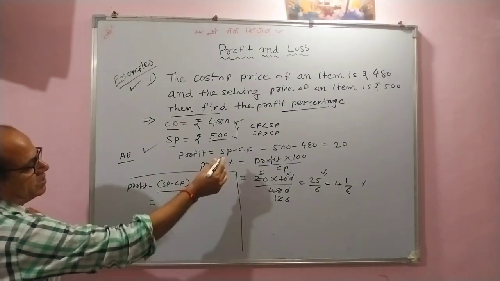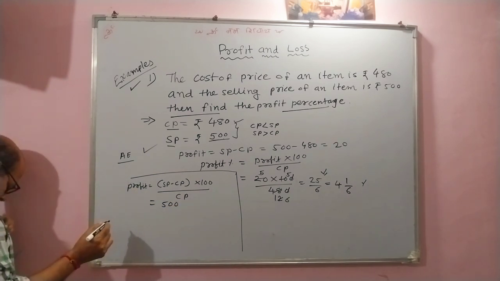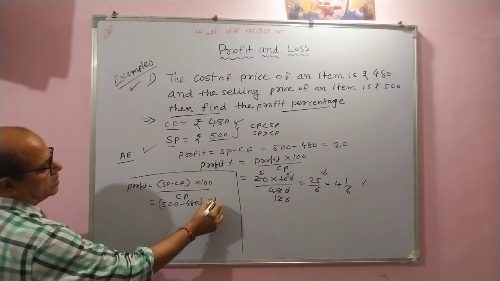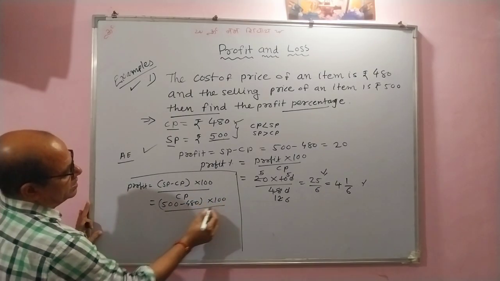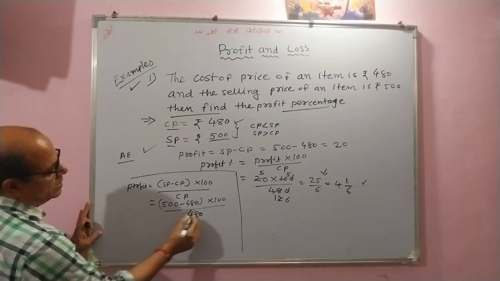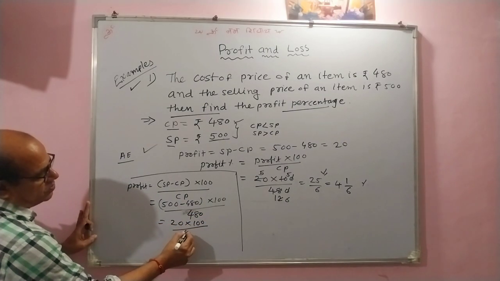Right? Now what is SP here? 500 minus 480 into 100 divided by CP, which is 480. Right? Now here 20 into 100 divided by 480.